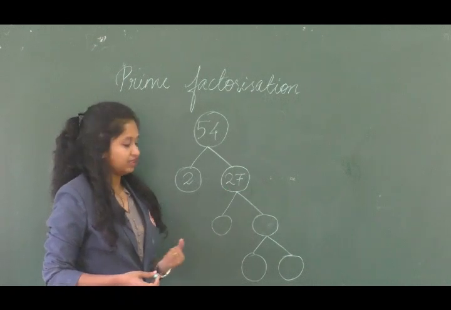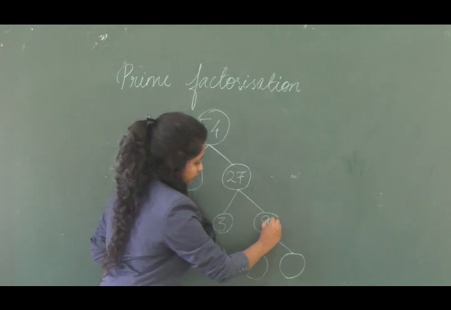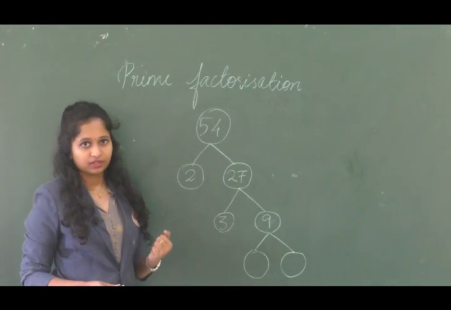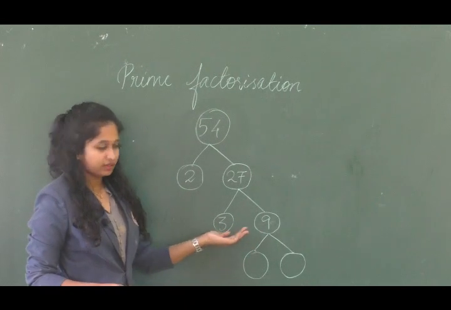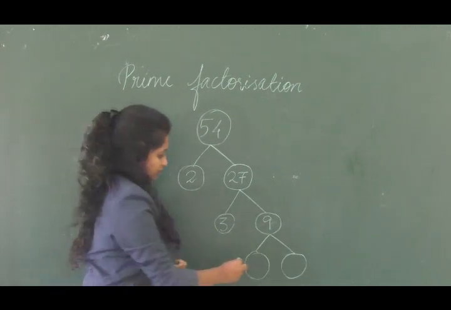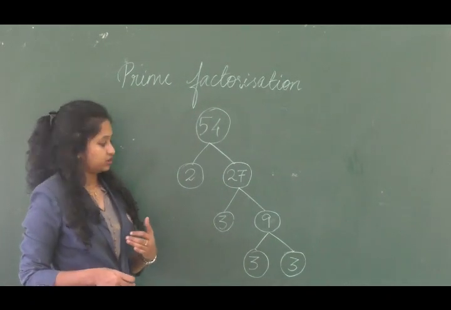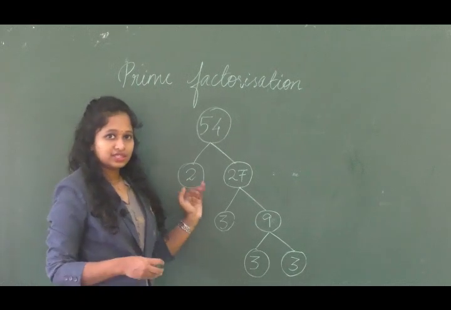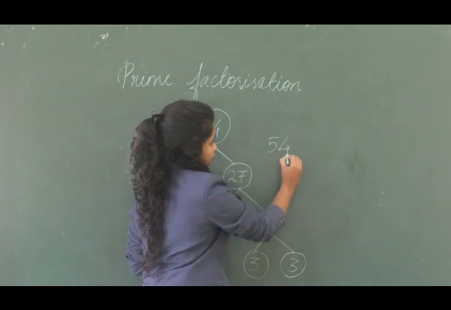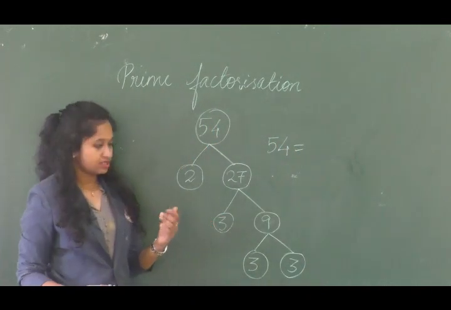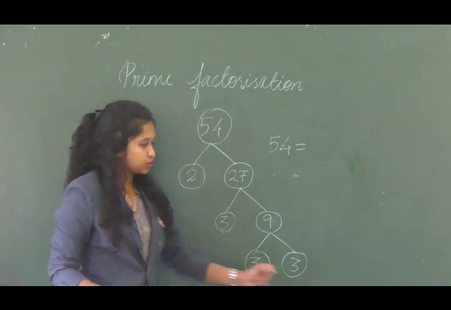So 27 can be written as 3 into 9. Okay? Since 3 is a prime number, stop there, and 9 can be written as 3 into 3. Got it? So let's take only the prime numbers here. Here we have the prime numbers such as 2, here we have 1 3 and here 2 3.